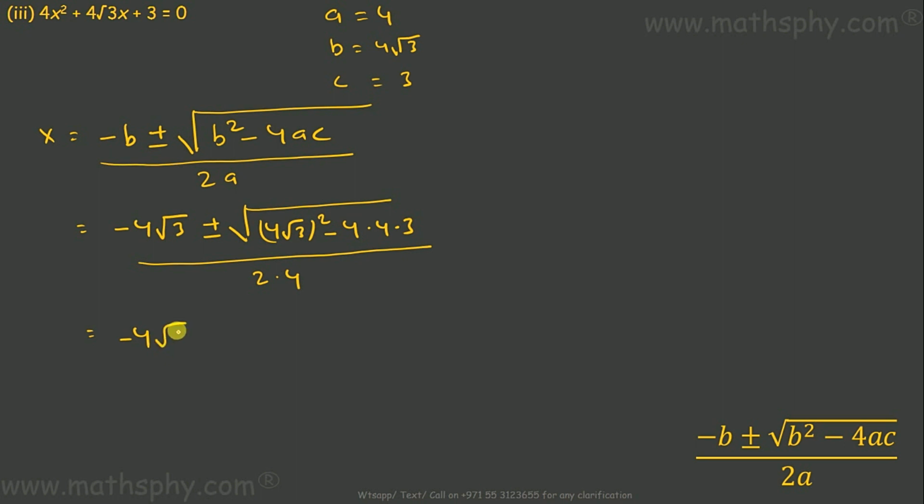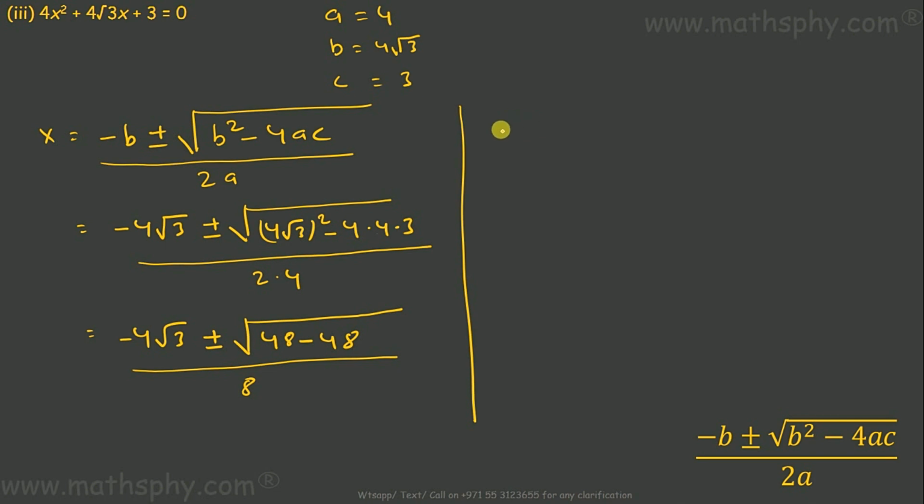Negative 4 root 3 plus minus, 4 root 3 whole square will give you 4 into 4 is 16 into 3 is 48, minus 4 into 4 is 16 into 3 is 48, over 8.